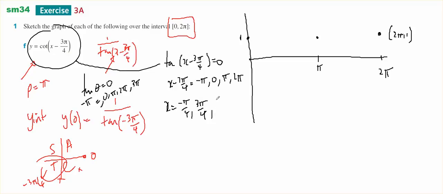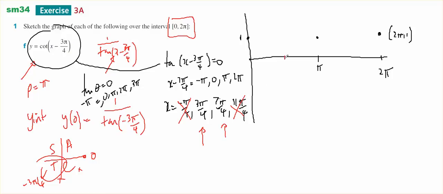Pi plus 3 pi on 4 is 7 pi on 4. 2 pi plus 3 pi on 4 is 11 pi on 4. Minus pi on 4 is outside my domain, and 11 pi on 4 is outside my domain. So 3 pi on 4 and 7 pi on 4 are going to be my 2 asymptotes.